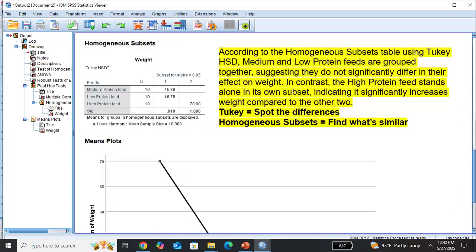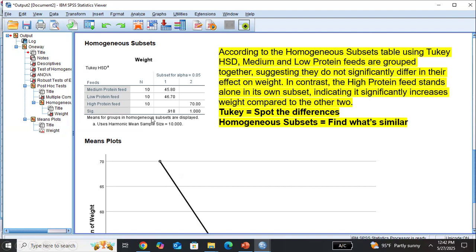Then the next is the homogeneous subsets, which will come when you check all those boxes in the ANOVA. So look, it is showing you the significance value, and it is also showing you that medium and low protein are lying almost in the same spectrum, and the high protein diet is lying completely in a different place.